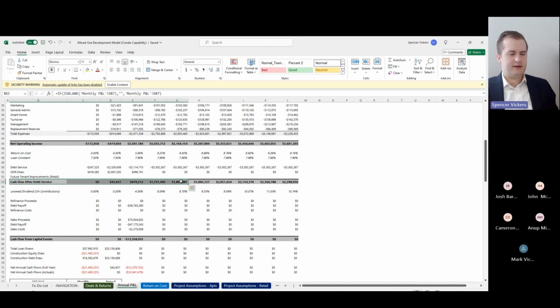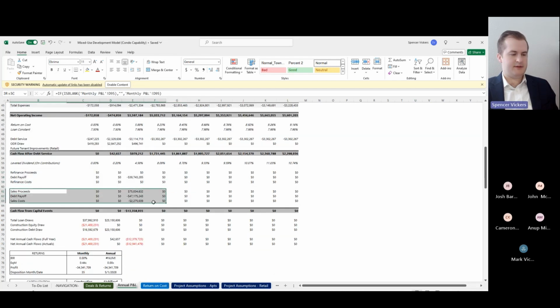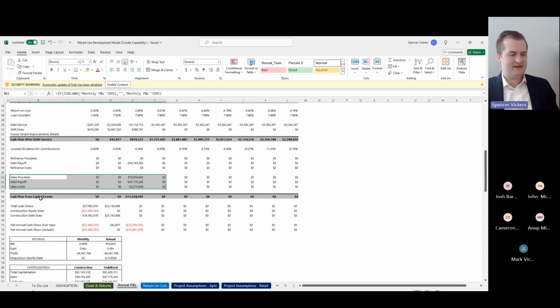Then cash flow after debt service, levered dividends on contributions, refinance information, sales and disposition, sales and debt payoff information, and then cash flow from capital events.